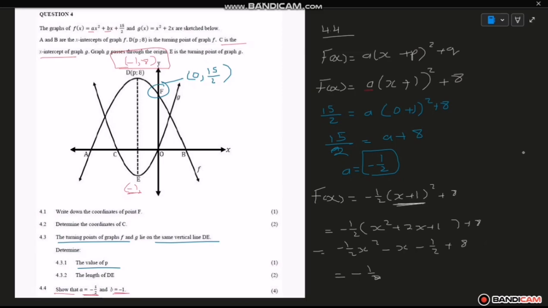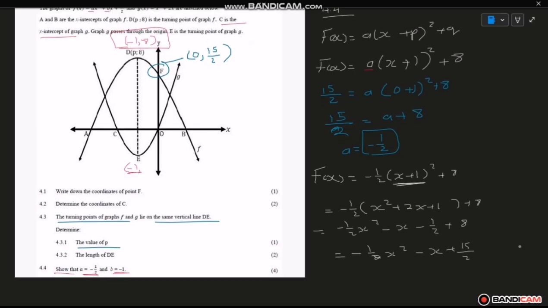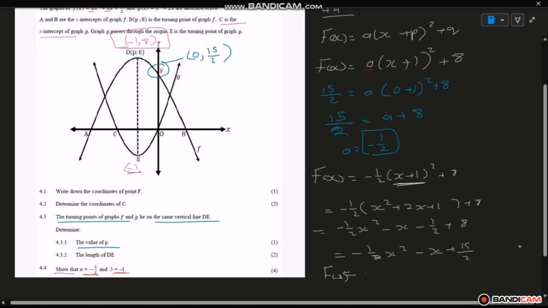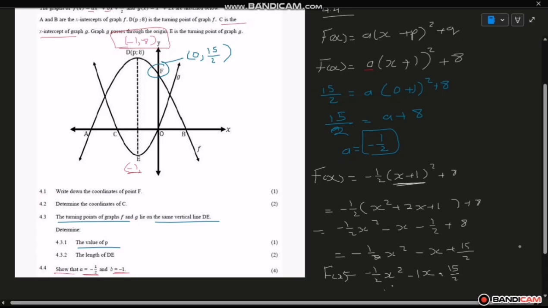We're going to have negative half x squared minus x plus 15 over 2, because negative half plus 8 is 15 over 2. Therefore what we can say now is that the graph of f equals negative half x squared minus 1x, or minus x, plus 15 over 2.